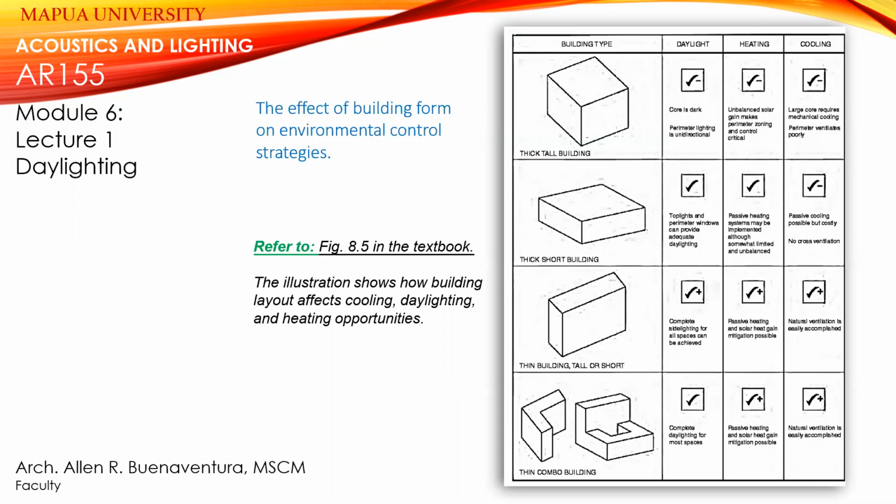Passive heating and solar gain mitigation is possible, and natural ventilation is easily accomplished. As you can see in the figure, of the forms of the building, the most advantageous are the thin combo building and the thin building, tall or short. The most disadvantageous is the thick tall building.